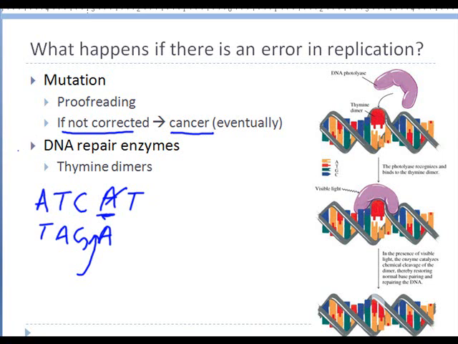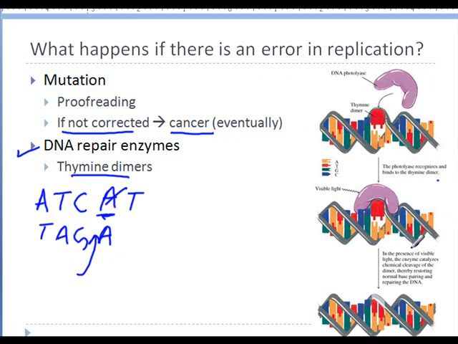So one of the examples of DNA repair is the thymine dimer. This is not from your book, but I found it from another source. A DNA repair enzyme recognizes and binds to the thymine dimer.